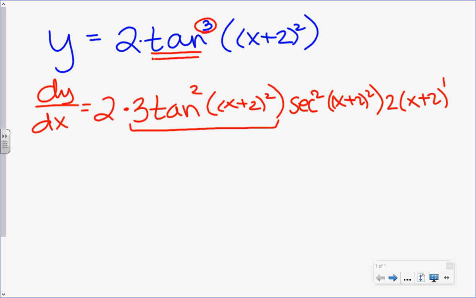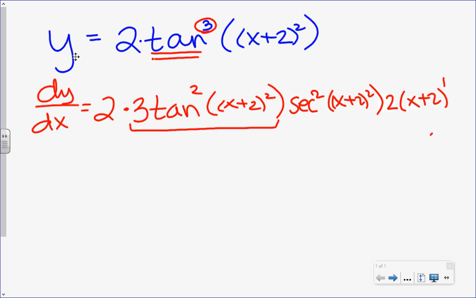The derivative of tangent is secant squared, but we have to keep that angle the same as what we see up in the original. And then once we take that derivative, inside is this x plus 2 squared, so then we have to take that derivative. So it's like we applied the chain rule 3 times.